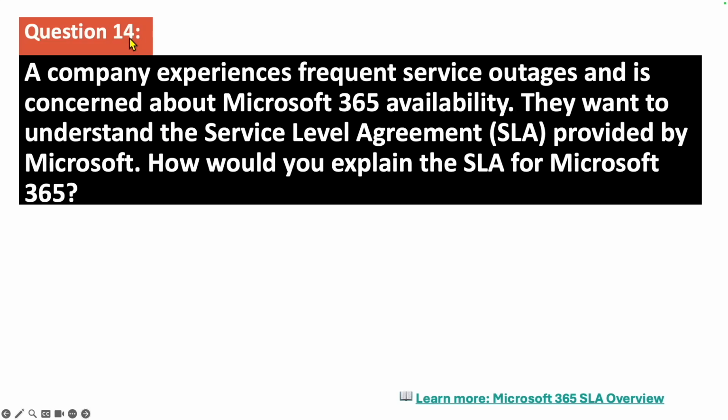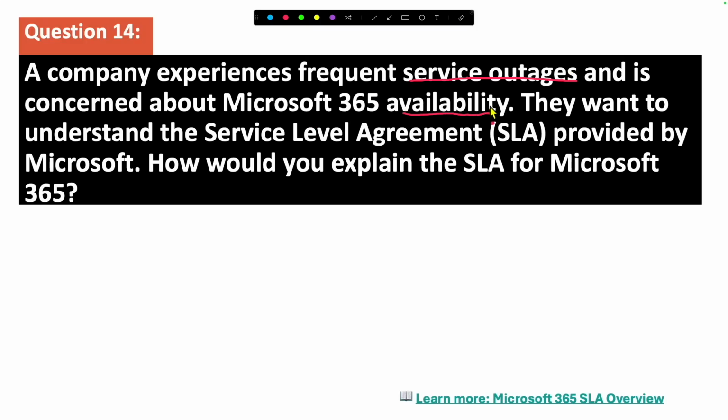Okay, the 14th question is: a particular company experiences frequent service outages. That is quite important. They are telling you upfront that they are having an outage, so you can kind of guess where they are leading with this. These are some of the keywords. And they're concerned about Microsoft 365 availability.